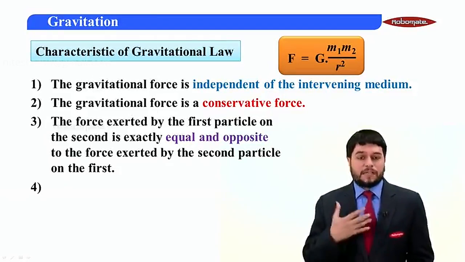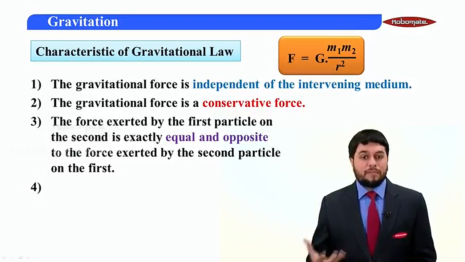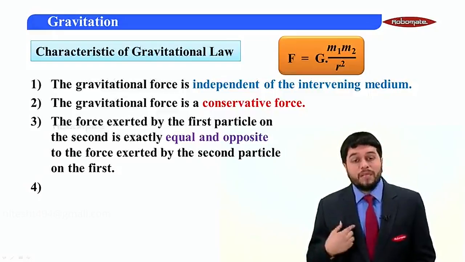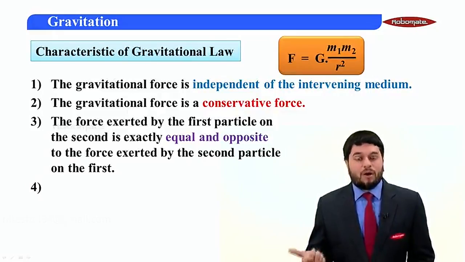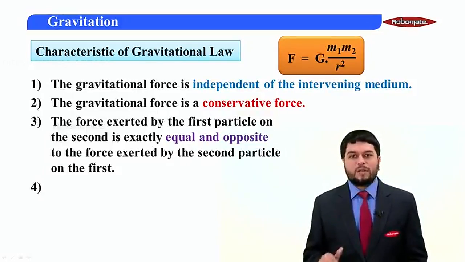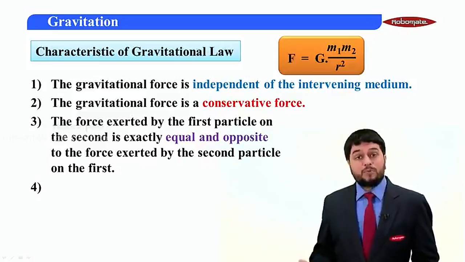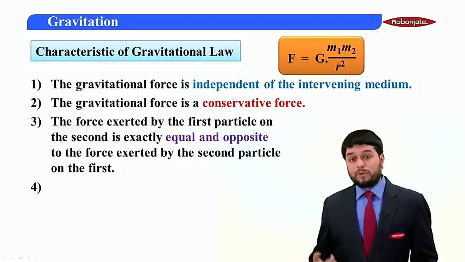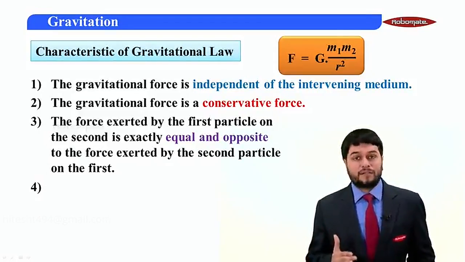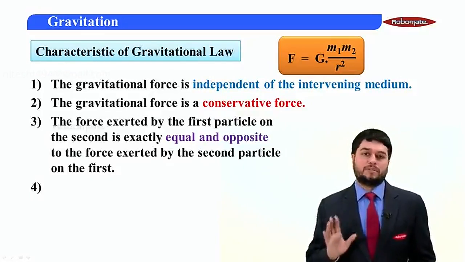If I consider myself as one mass and earth as the other mass, then the magnitude of the force experienced by me because of earth or earth because of me will be the same. It is not that earth is going to experience more attractional force or I am going to experience more attractional force. No, we both are going to experience the same attractional force if we are kept at a constant distance. Only the direction will be opposite.